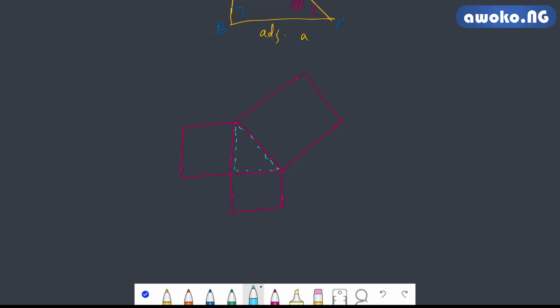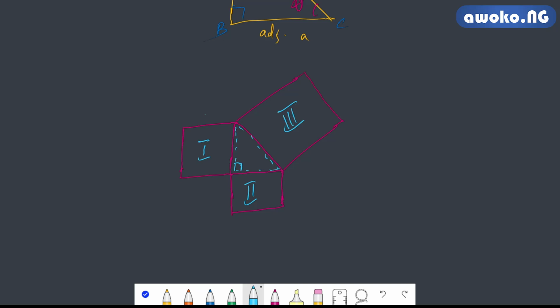This is the right angled triangle. So if this first box is called I, while the second one is called II, and this bigger one is called III, then when three squares are combined together to form a right angle triangle, the Pythagoras theorem holds.